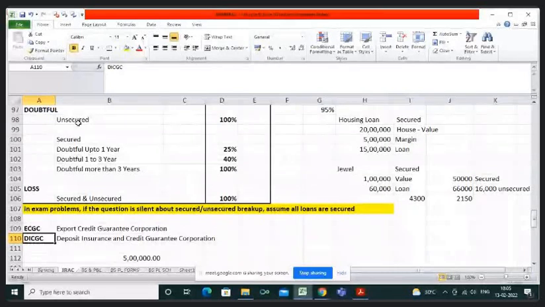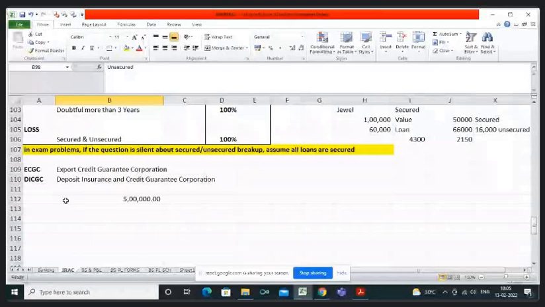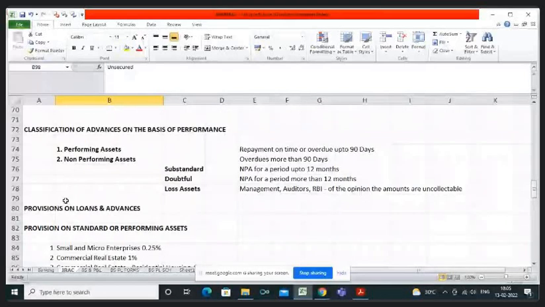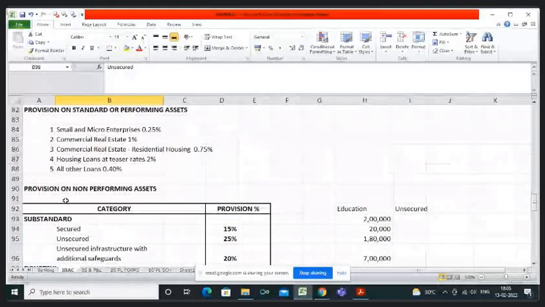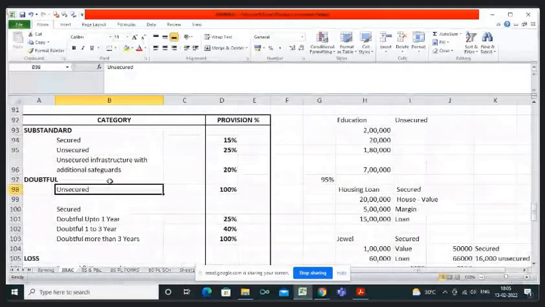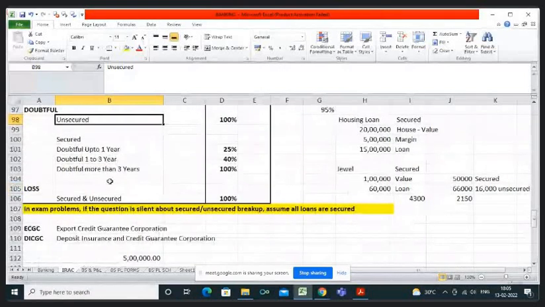All this we have already learned. They may ask a standalone problem where you have to calculate the income to be recognized or provisions to be made, or sometimes as part of a problem where you have to prepare the profit and loss account or balance sheet of the bank, you will be asked to make adjustments for these concepts.